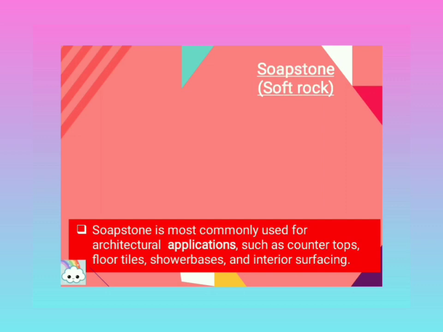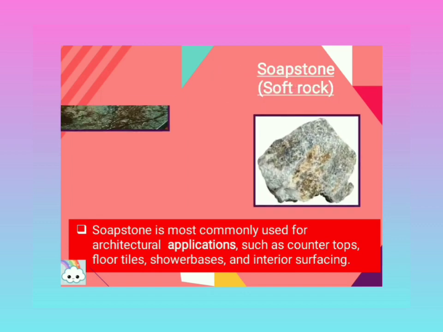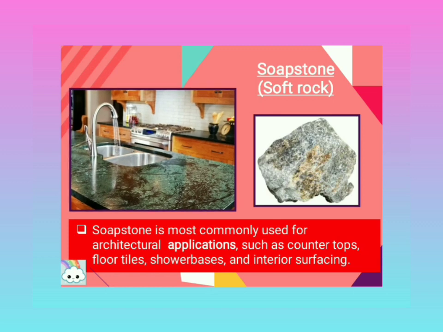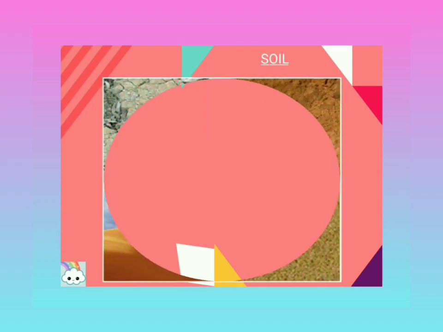In contrast to this, we also find very soft rocks like soapstone, which is most commonly used for architectural applications such as countertops, floor tiles, shower bases, and interior surfacing. Do you know?